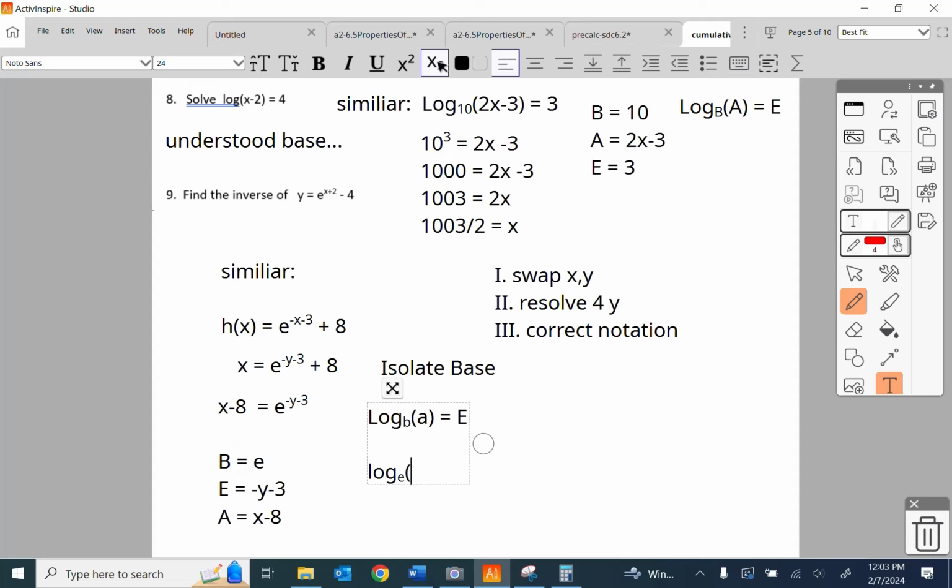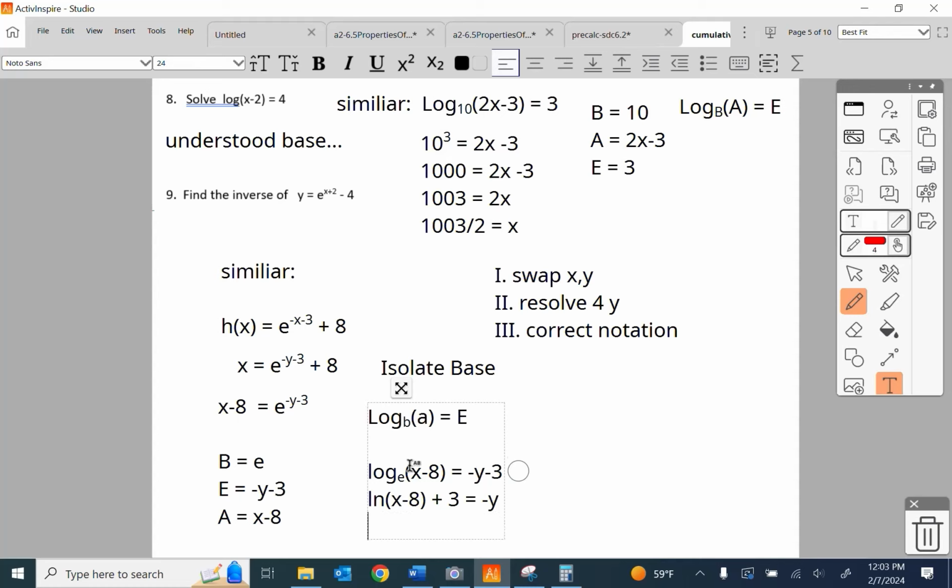The answer is x minus 8, or its argument, and it is equal to negative y minus 3. And I'm almost done. This little 3 sitting pretty right there is going to get moved to the left. It's going to have a sign change. You'll notice I'm also rewriting that as the natural log of x minus 8, still equal to a negative y.